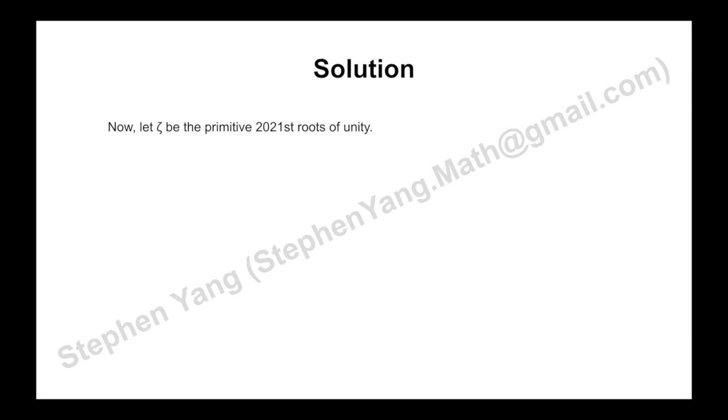Now, let zeta be a primitive 2021st root of unity. Then our original expression without the log is equal to the product for a equals 1 to 2021, product for b equals 1 to 2021, of (1 plus zeta to the ab).